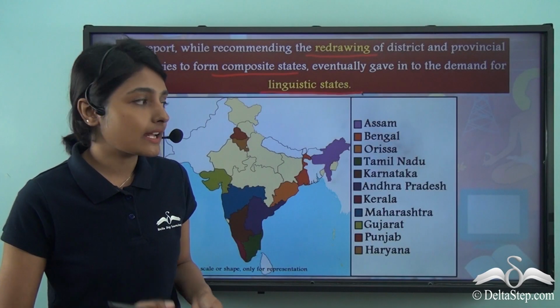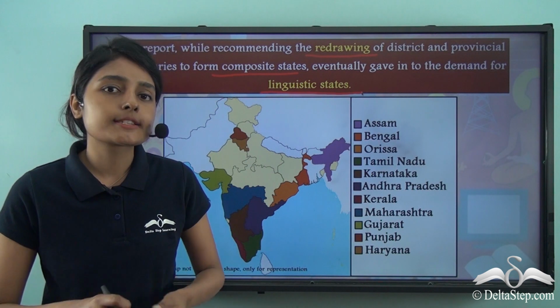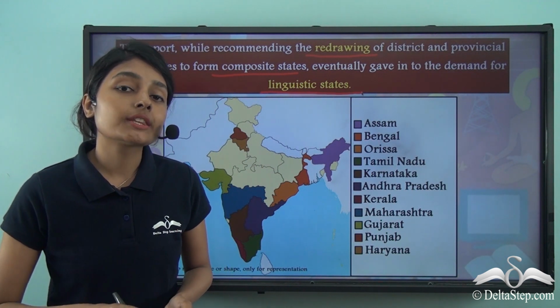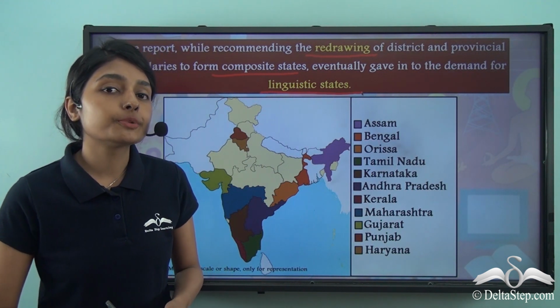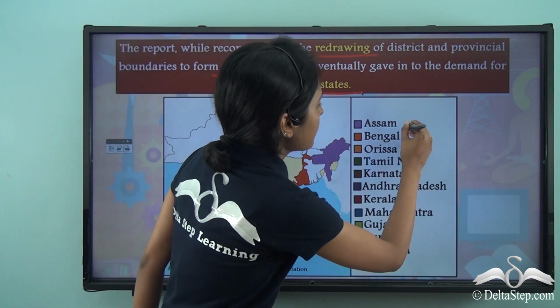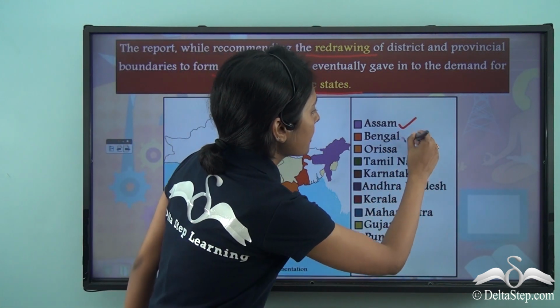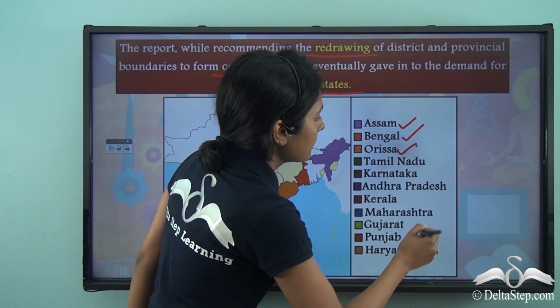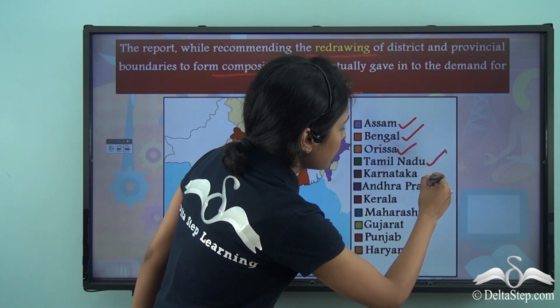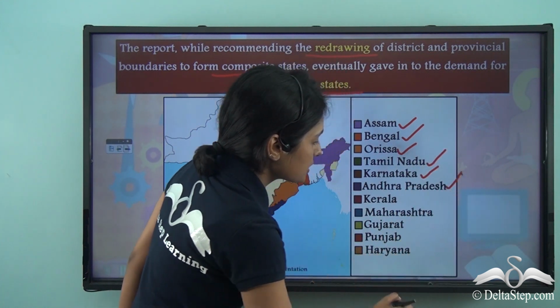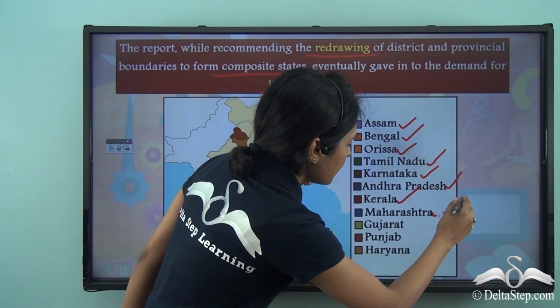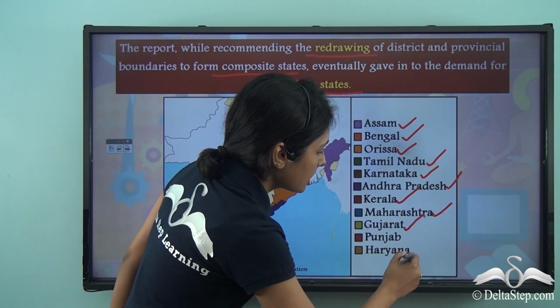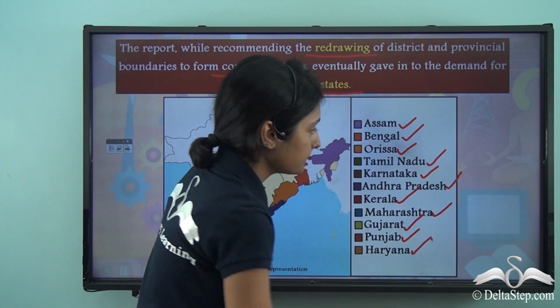So the states that were now coming into being at this point of time based on the linguistic identity of the people were Assam, Bengal, Odisha, Tamil Nadu, Karnataka, Andhra Pradesh, Kerala, Maharashtra, Gujarat, Punjab, Haryana.